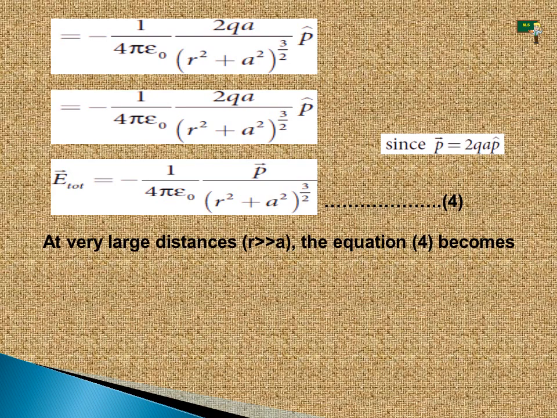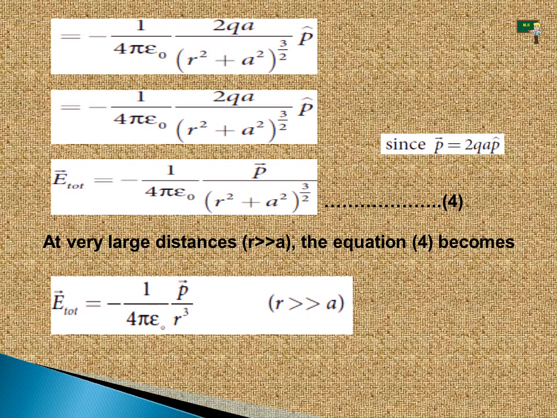At very large distances, that is, when R is very much greater than A, in the equation we can neglect the term A. Let me explain. E total is equal to minus 1 by 4 pi epsilon 0 P cap divided by R square plus A square, and here we are going to neglect the letter A. So it is R square, the whole bracket to the power 3 by 2.